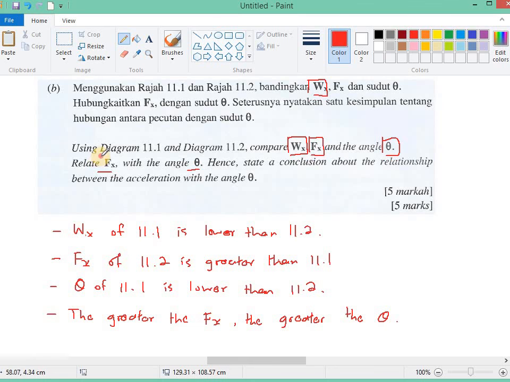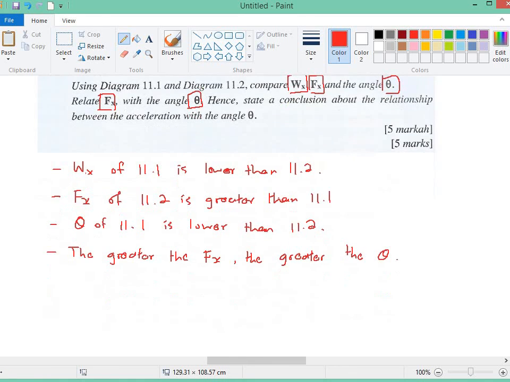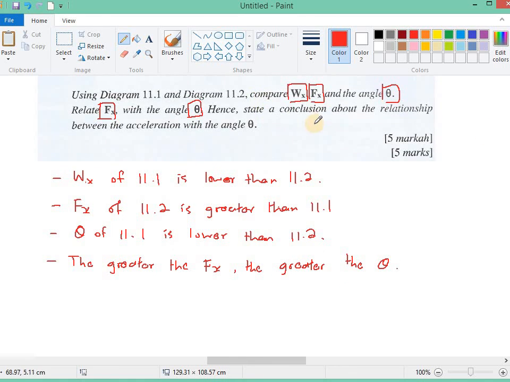Relate Fx and angle first. And after that, the conclusion about the relationship between acceleration and the angle. The greater the acceleration, the greater the angle.